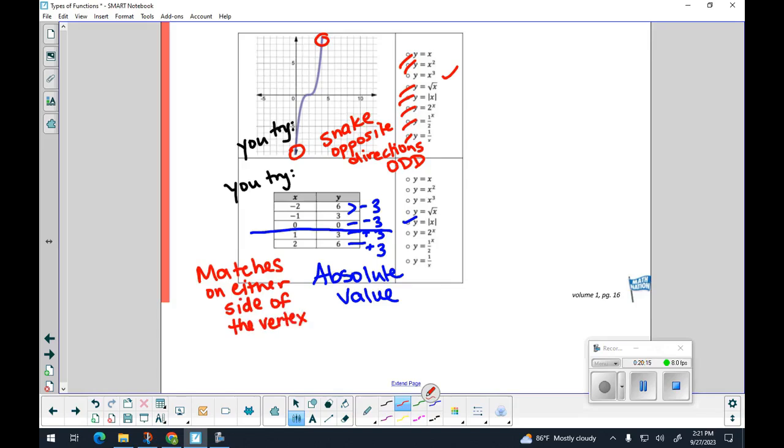Okay, and so because the change is going to be matching either side of the graph, it is going to be an absolute value function, because the absolute value function is more like a piecewise function, as in two parts. One part will be going down, one part will be going up. That's why it creates a V for value. Okay, so that matches an absolute value table.